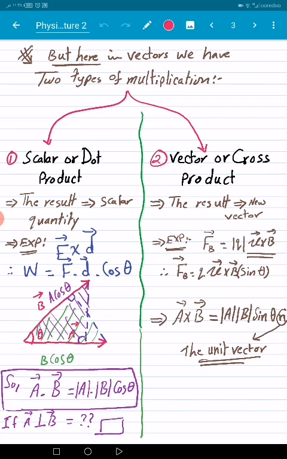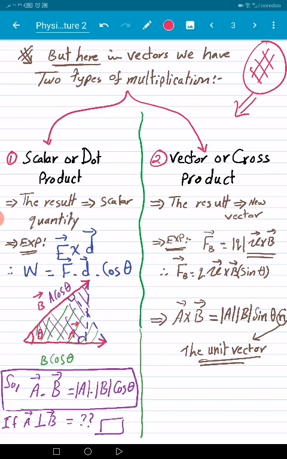But here in factors we have two types of multiplication, and they are very important points. Please be careful with this, because we use it in physics too, or in mechanics, to know the direction or to know whether the product is scalar or factor.